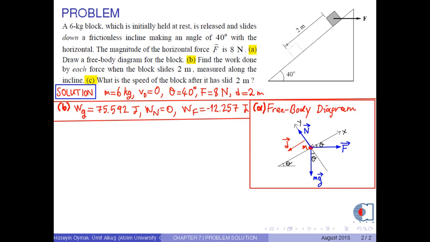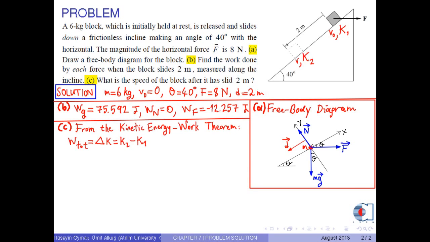C. What is the speed of the block after it has slid 2 meters? From the kinetic energy work theorem, we have total work equals delta K, where delta K is the change in the kinetic energy. Here, since the initial speed is 0, then the initial kinetic energy is 0. Therefore, we obtain W total equals 1 over 2 times m times v squared.